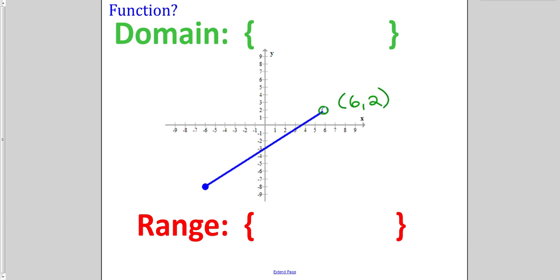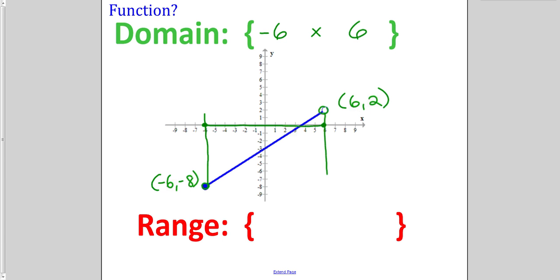Apologize. First point is actually at -6, -8. So if we look at our x values, they run from -6 over to +6. So x is between those two.